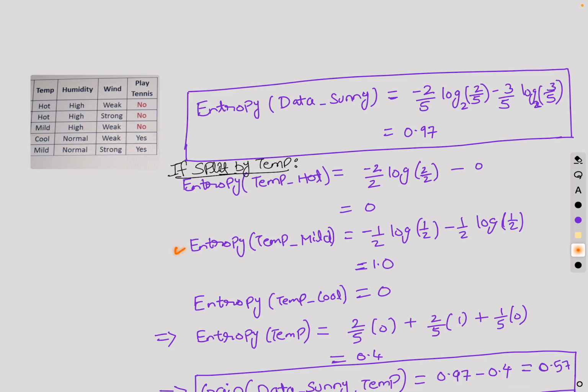In case of mild, I have 2 records, one belonging to yes and one belonging to no. So 1 by 2 for the probability of yes and 1 by 2 for the probability of no. So overall the entropy is 1, uncertainty is 1. And for temperature hot, I have 2 records, both belonging to class no. So minus 2 by 2 into log 2 by 2, minus 0. So I get 0 as my entropy.